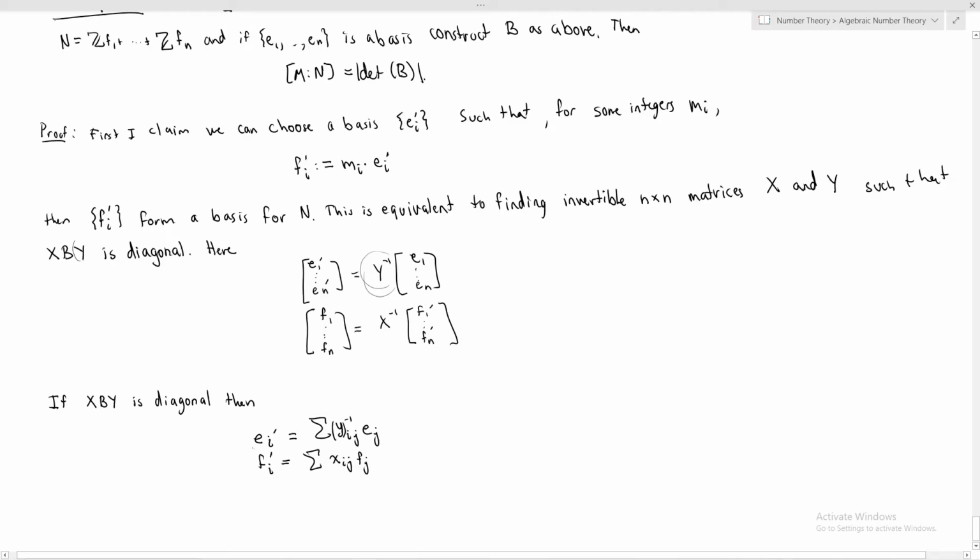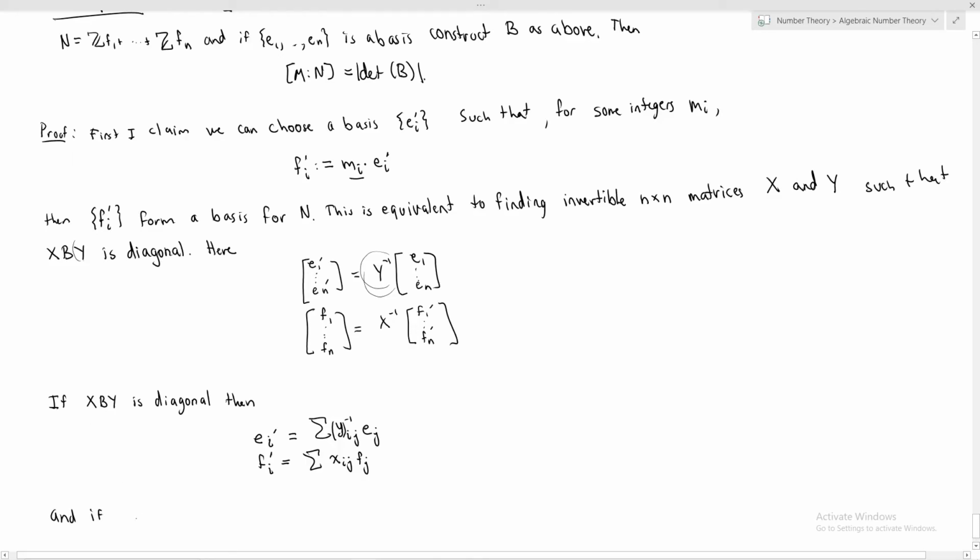Then you can check that these bases actually satisfy the conditions, such that m_i times e_i prime equals f_i prime.